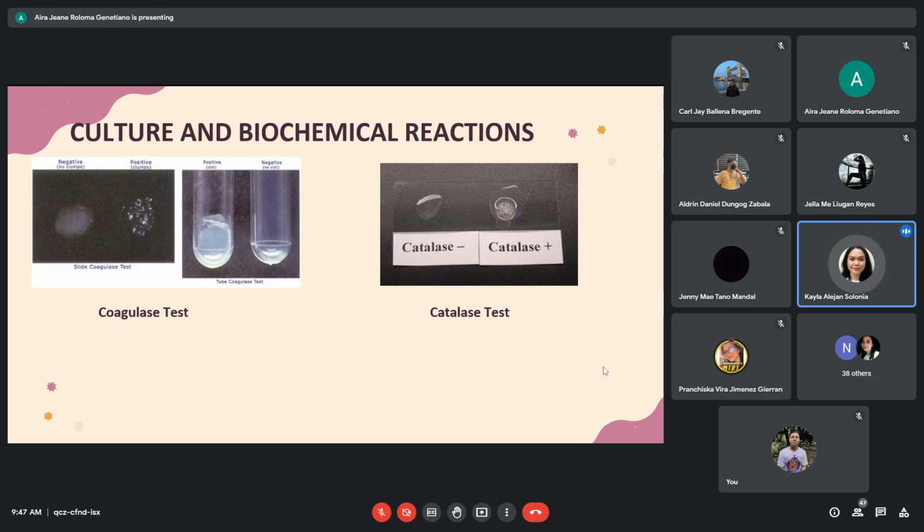In the tube coagulase test, a positive result indicates clotting, while a negative result shows no clotting. In the catalase test, a negative result shows no bubbles, and a positive result shows bubbles.